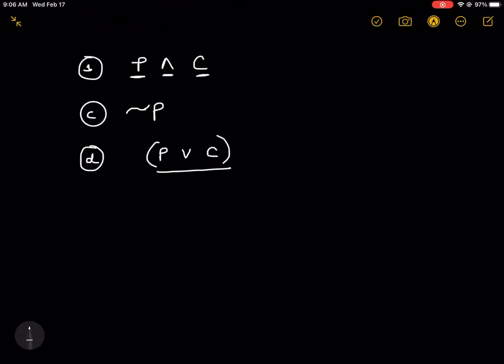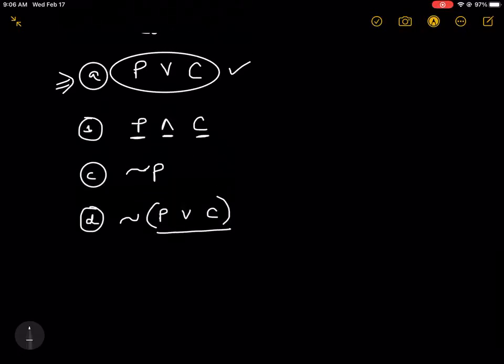So if I use this sign, it should mean the negation of I like Pepsi or Coke. Clearly D said it's not the case that I like Pepsi or Coke. That means I want to negate the statement A, that is, I like Pepsi or I like Coke.